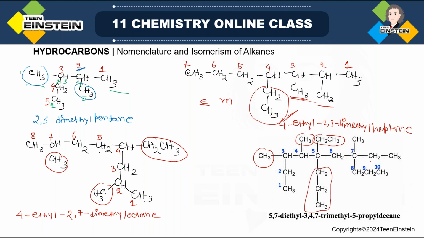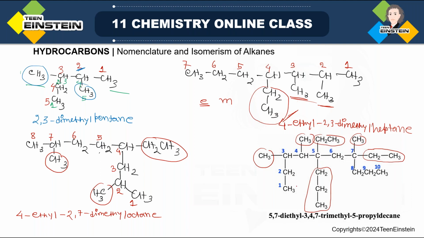Then again at 7 position we have methyl and ethyl substituents. So ethyl substituents at 5 and 7, and methyl substituents at 4 position and 7 position. And then there is also a propyl group at 5 position. Okay, so 1, 2, 3, 4, 5 and 6.